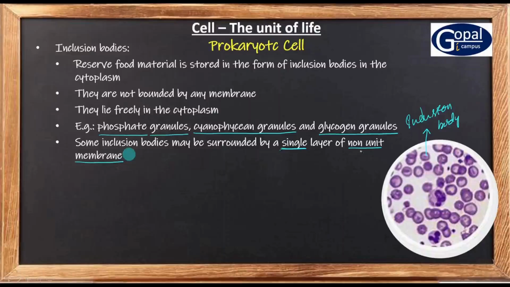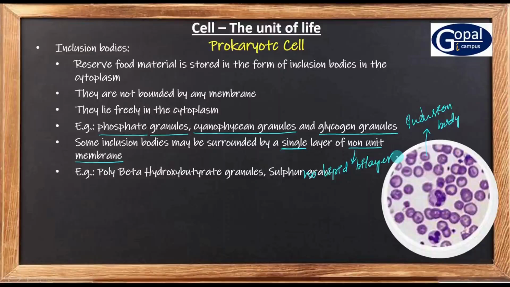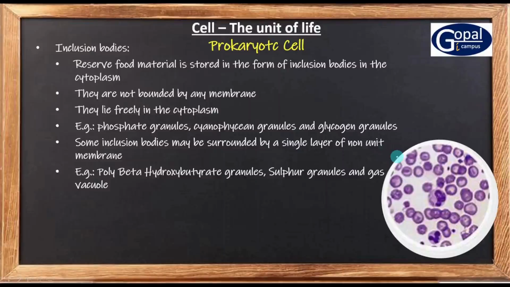Such membranes which are not made up of lipid bilayer are called non-unit membranes, right? So what are the examples for the inclusion bodies which are surrounded by a single layer of non-unit membrane?